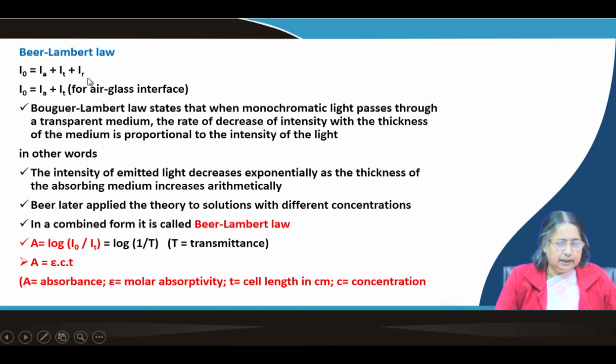So, I0 is basically a combination of I absorption and I transmission.